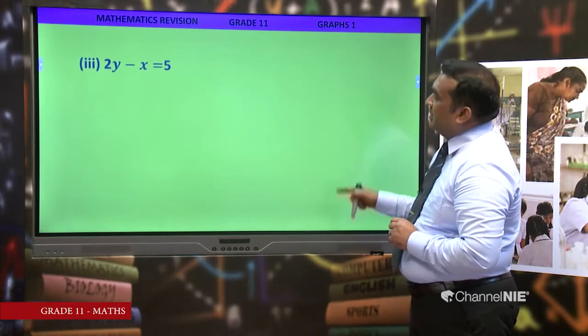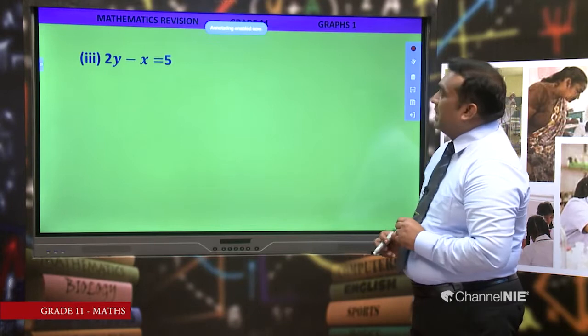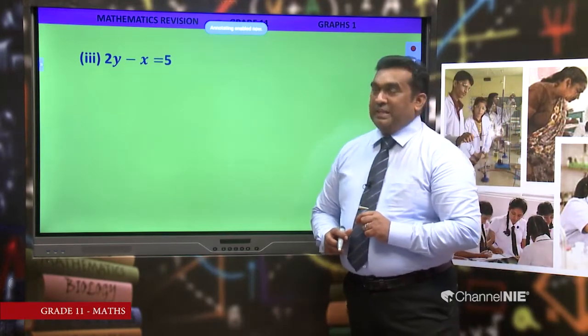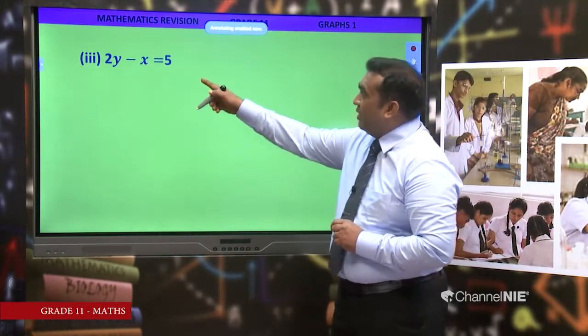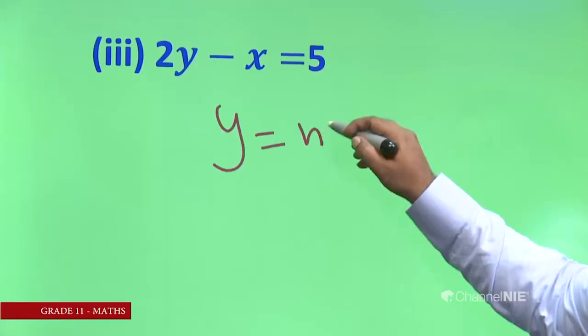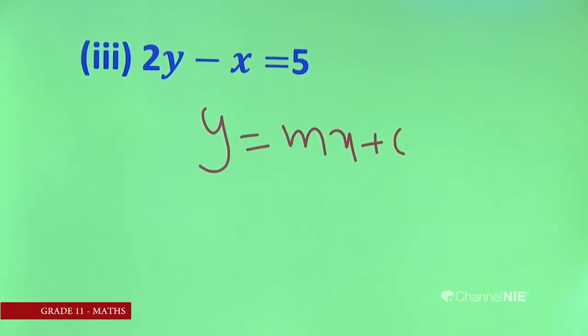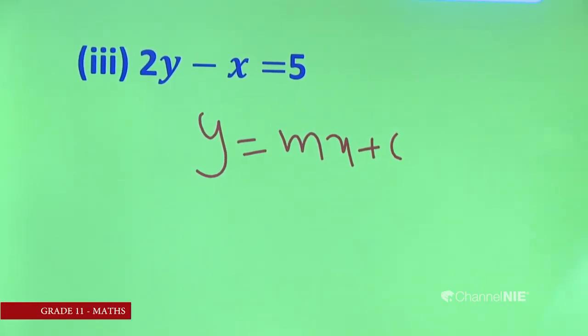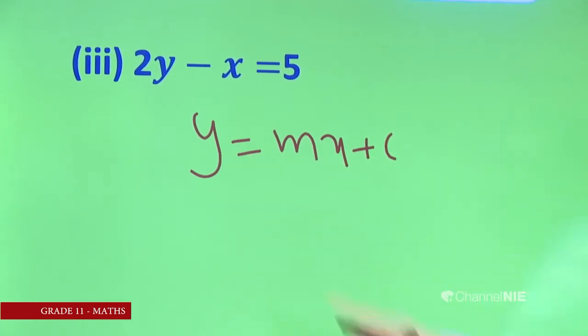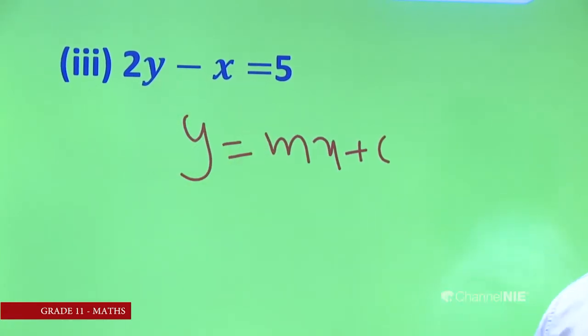Next one, 2y minus x equals 5. In this case, this is not in the form of y equals mx plus c. Then what to do? You have to divide the whole equation by 2 to get 1 in front of y.